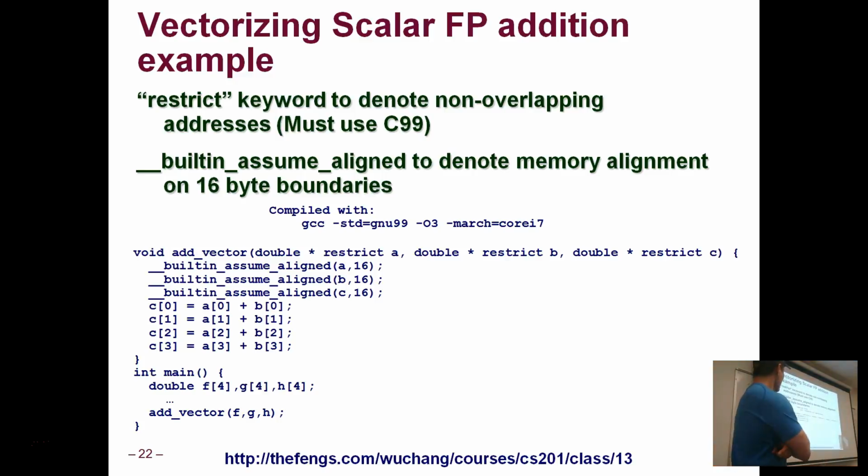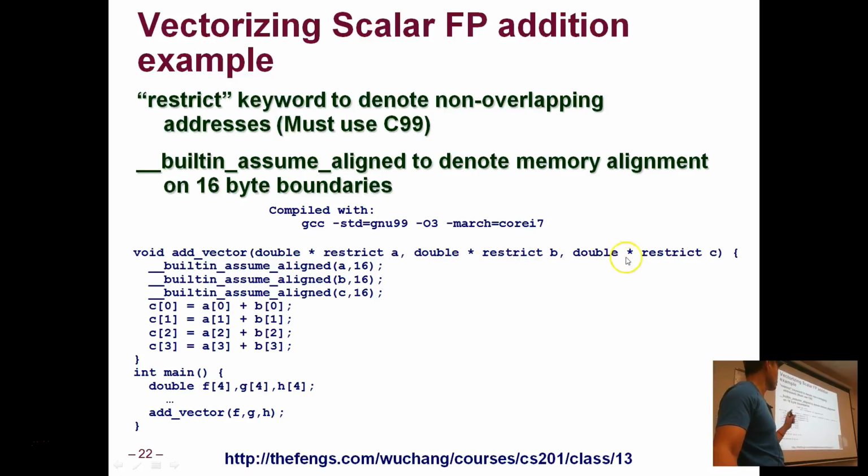So this is one way you can do it, and it looks ugly, but I'm going to explain. In C99, and this is the one time I move over to C99, there is this restrict keyword. The restrict keyword denotes non-overlapping addresses. So it tells the compiler that there are no aliases here. So when I say restrict A, this tells the compiler, assume that there's only one reference to the array A, and that I have it, and I'm giving it to you.